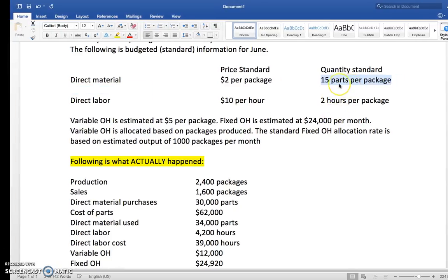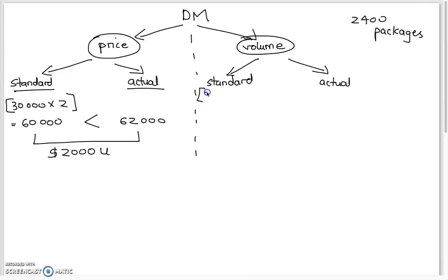So I'm going to multiply 2,400, which is my actual number of units, times the number of parts I thought I would have to put into that many packages. So that comes out to 2,400 times 15, that's 36,000. Mind you, this is only parts. This is not in dollars because we're currently trying to calculate how many parts would go into 2,400 packages of toys.